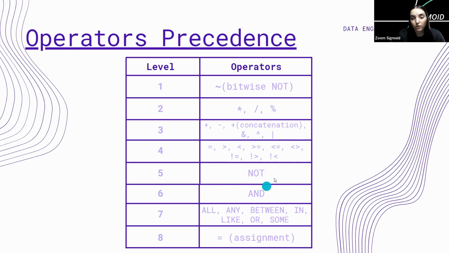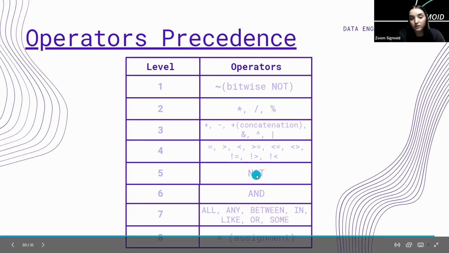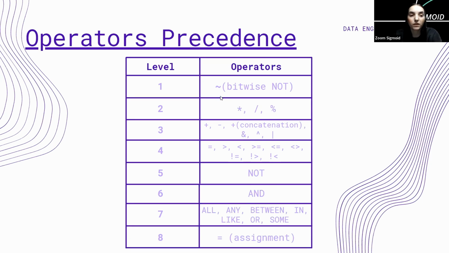Next follows the NOT operator. Then we have AND, and after NOT and AND, we have ALL, ANY, BETWEEN, IN, LIKE, and SOME. As you can see, like in bitwise, where we have first the bitwise NOT, then the bitwise AND, XOR and OR, here it is the same.